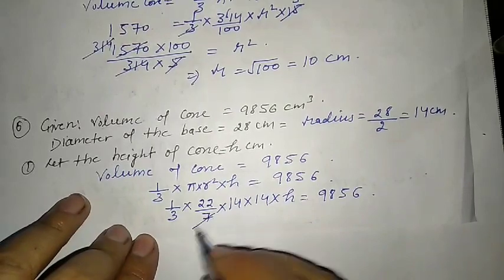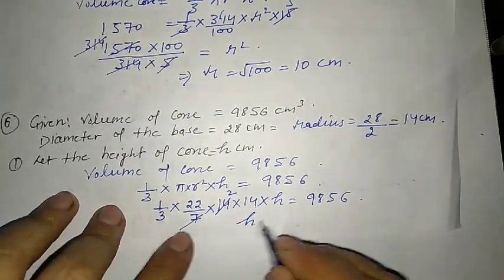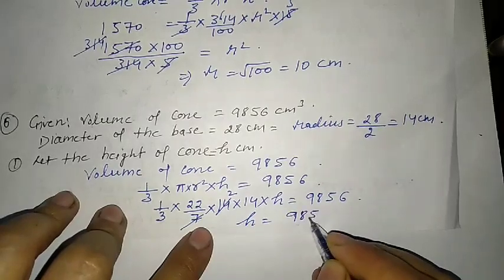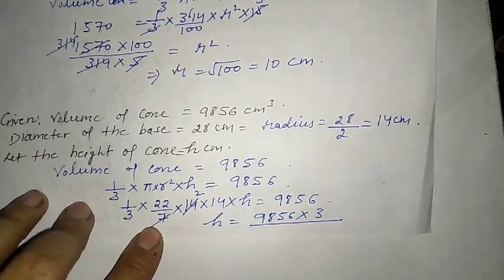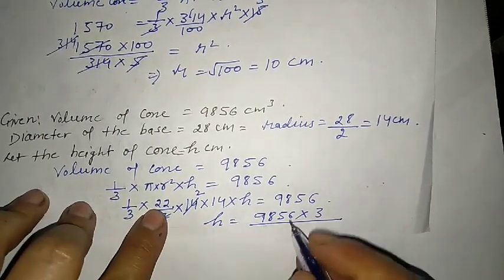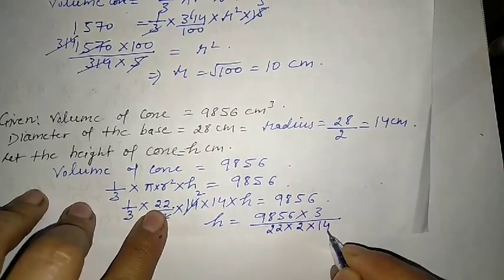9856. This can be cut 7 2s. So h is equals 9856 into 3 upon, this is 22 into 2 into 14.